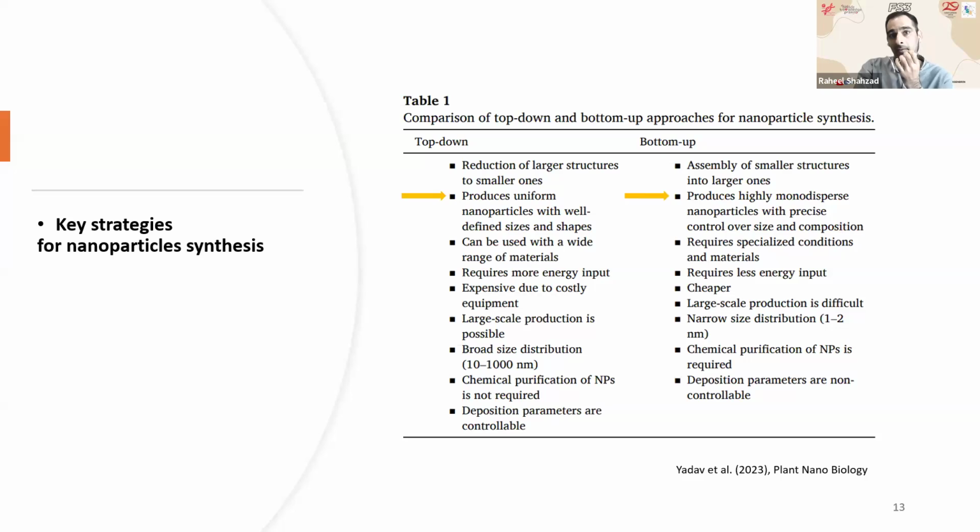So this is a very key feature. Another very important difference is that in the top down, you can use a different range of materials to synthesize the nanoparticles. But in the bottom up, you require special conditions and a special material.